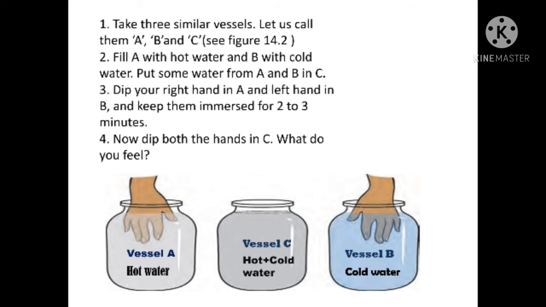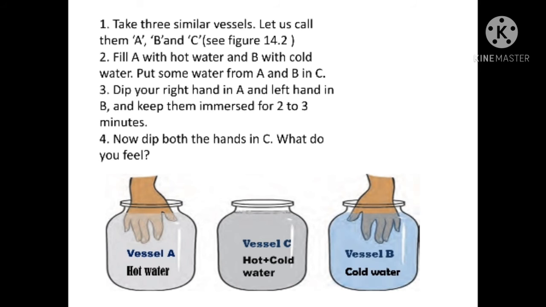Now, what we have to do: dip our right hand in vessel A, which is filled with hot water, and at the same time dip the left hand in vessel B, which contains cold water. Keep your hands dipped in both vessels for 2 to 3 minutes.